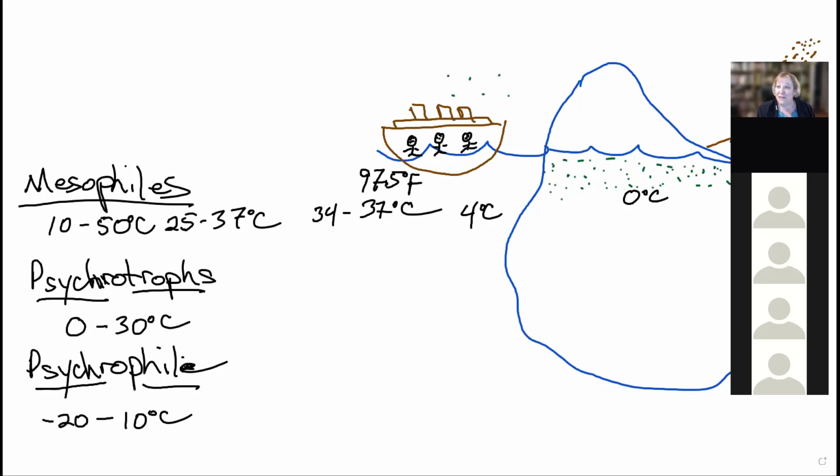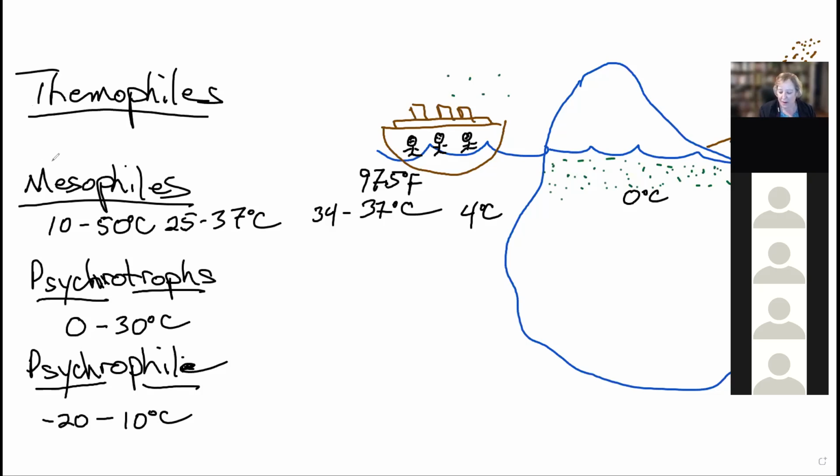Okay, so then let's say that I want to isolate bacteria that are living up here at the crater, where it's really very, very hot. And it's hot all the time because we're talking about a volcano. We call those thermophiles, or heat lovers.